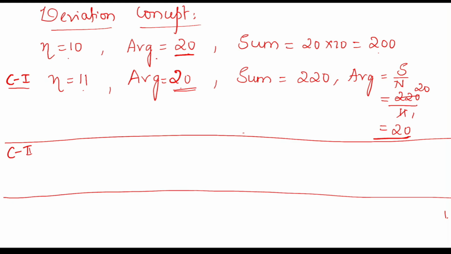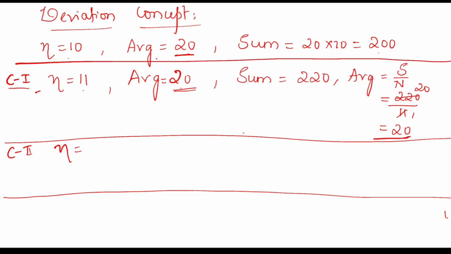Case 1 is over. Now case 2. If one new child comes to the class, then again the number of students will be 11. There were 10 students earlier, and since one more child came to the class, the strength became 11.